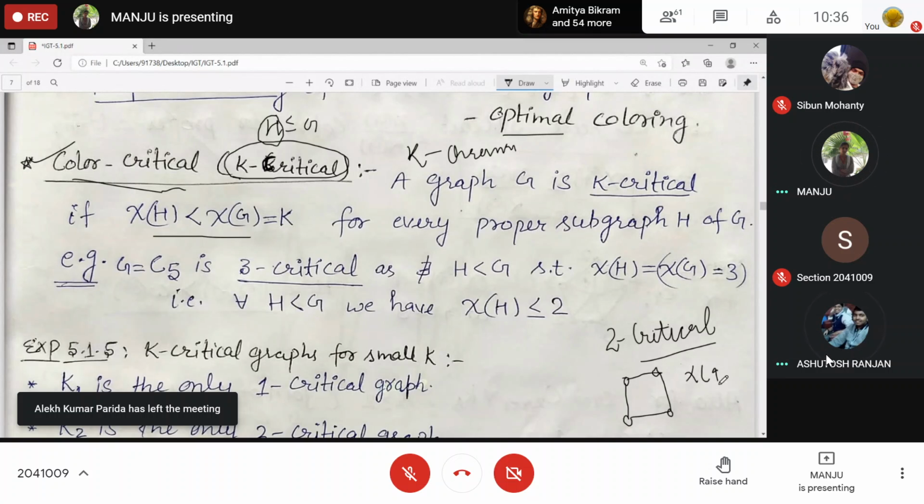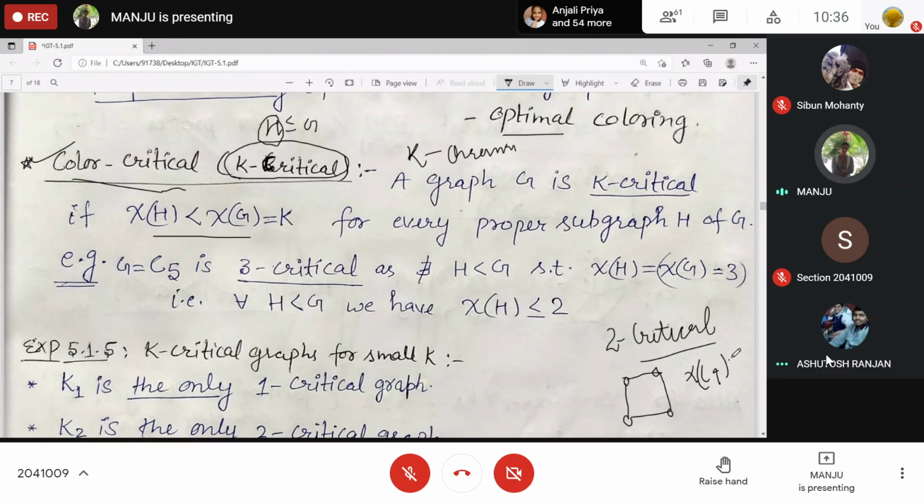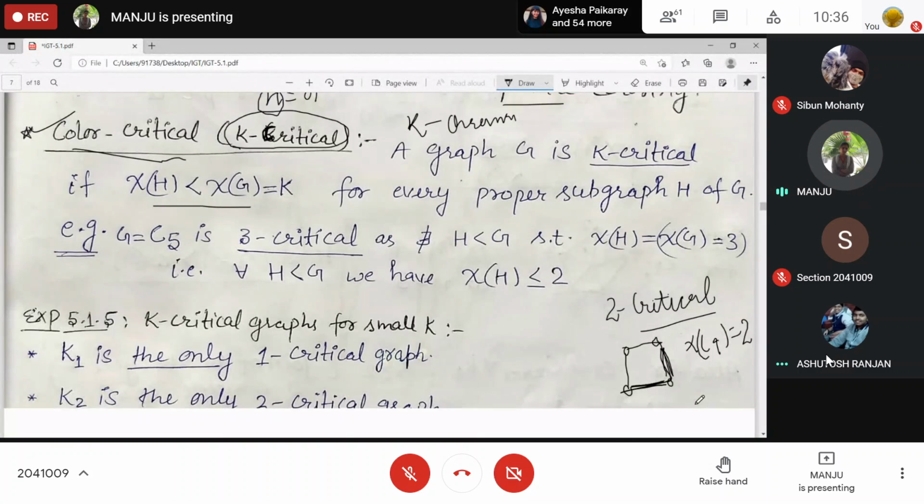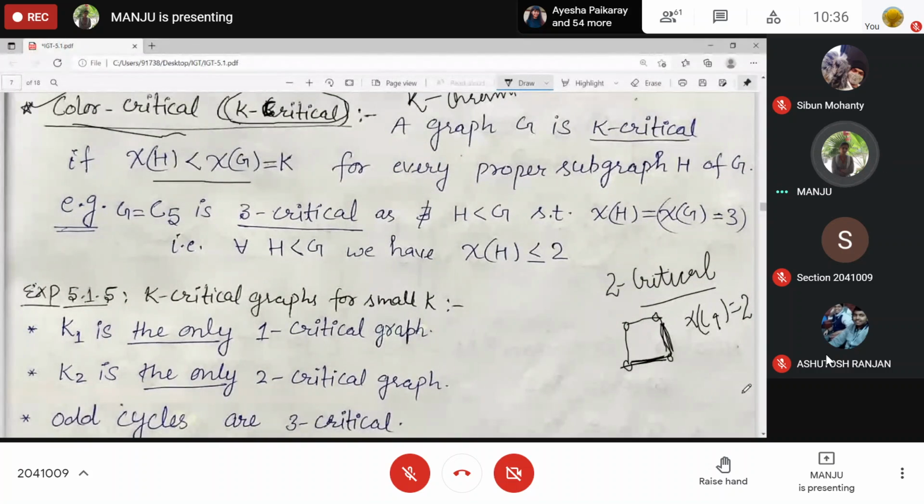No, ma'am, it will not be 2 critical. Why? Ma'am, if we take P3 from that, or P2 or P4, any non-trivial path, then what are you getting? The chromatic number of that graph is equal to that of the original. But we want every subgraph of this C4, or every subgraph of this G, to have chromatic number less than 2.